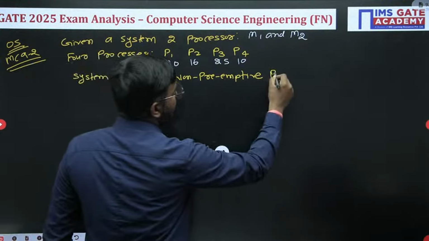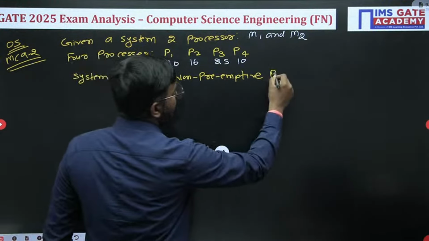Getting my point now? For machine M2, the priorities are P2 greater than P3, greater than P4 and P1.